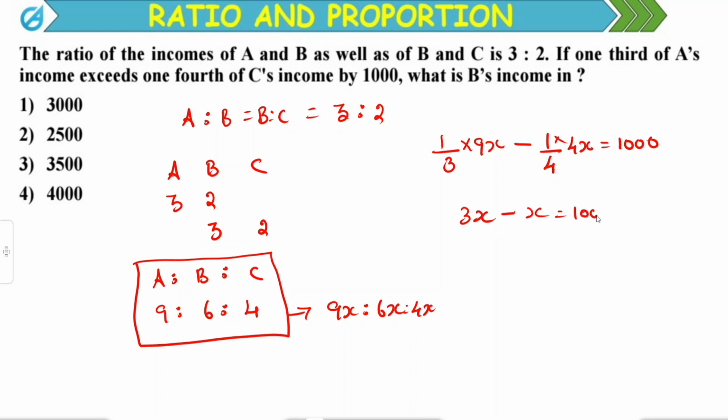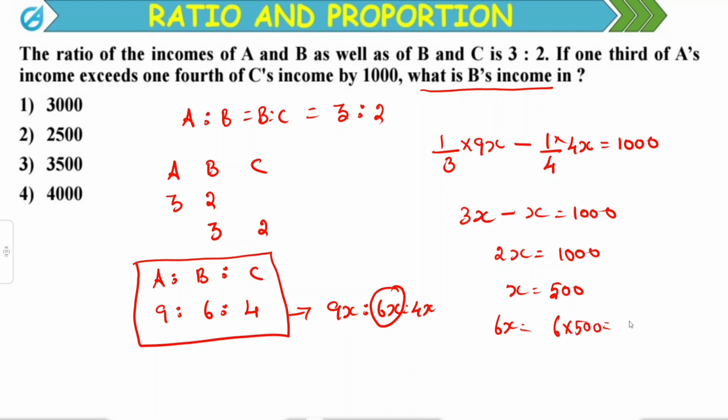So 3x minus x is equal to 1000, which is nothing but 2x equal to 1000, and we'll be getting x equal to 500. Now what we need to find is B's income, which is nothing but 6x. So 6 into 500 will be getting 3000. So the answer for this one is 3000.